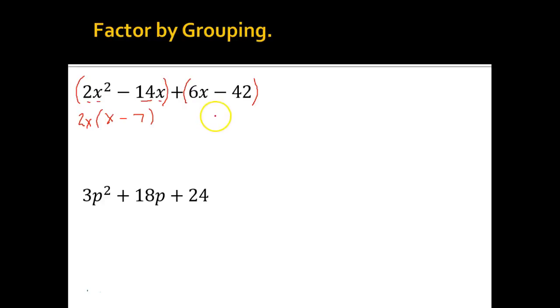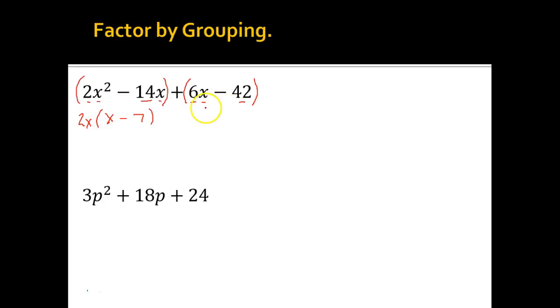Now the second group of terms, 6x minus 42, completely different GCF, right? This is a 6 and an x, and this is 42, which, get my calculator out, 6 times 7 is 42.